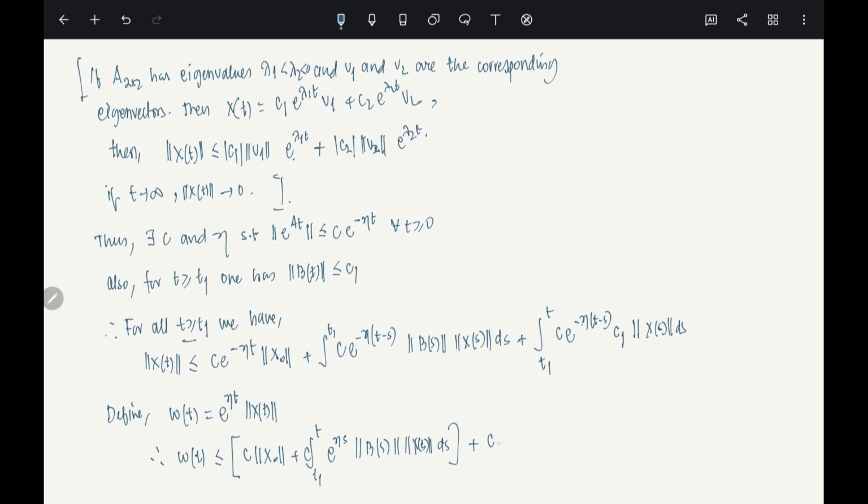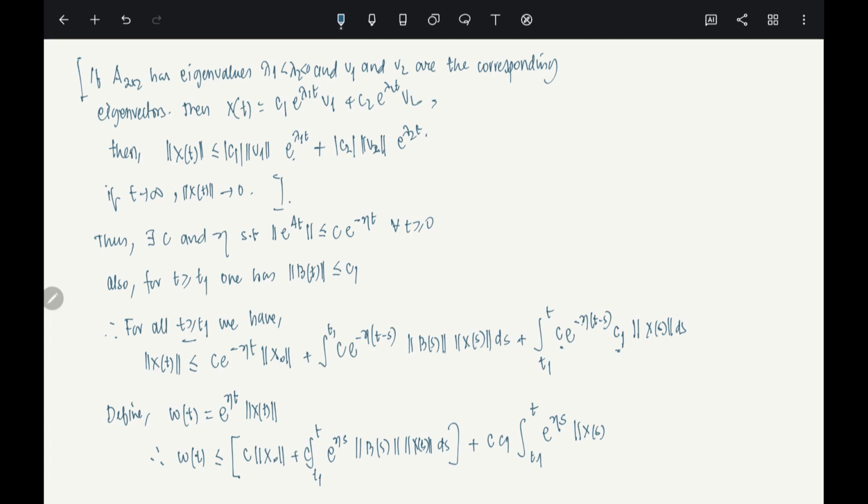c2, let's just call c2 as c1 times c, the integral from t1 to t of e to the power eta s, x of s ds, no?